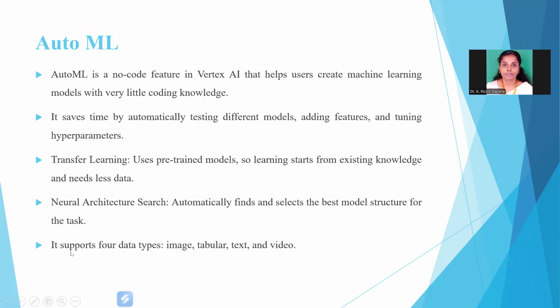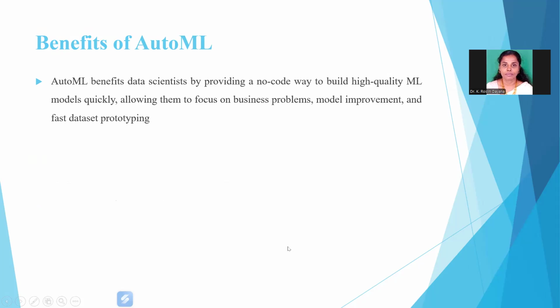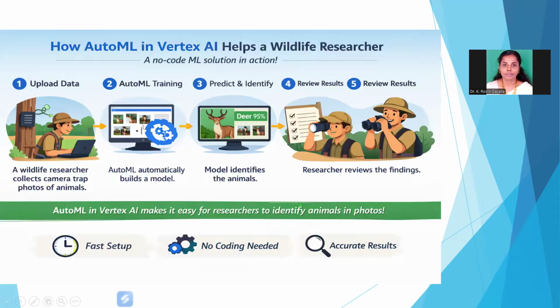AutoML supports four data types: image, tabular data, text data, and video data. Benefits of AutoML: it provides a no-code way to build high-quality machine learning models quickly, allowing data scientists to focus on business problems, model improvement, and fast dataset prototyping.